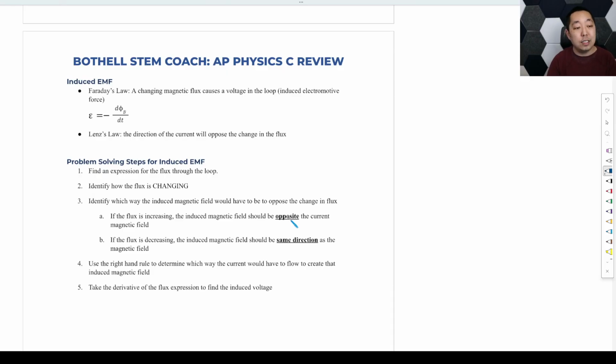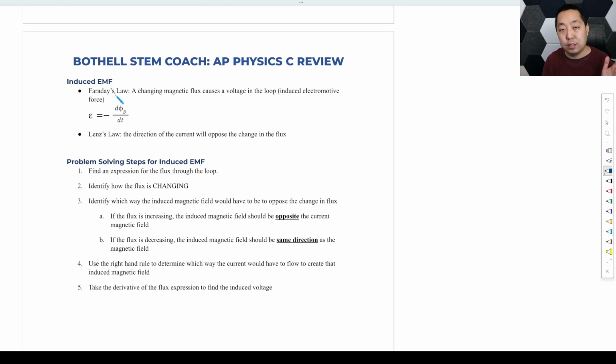So there are two things that we look at. One is the magnitude of the induced EMF. If the magnetic flux is changing through a loop, so you have a changing magnetic field, you are going to induce an electric field effectively. That electric field creates a potential difference, right?